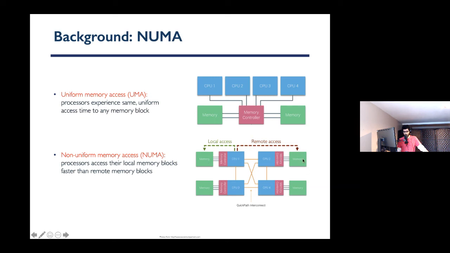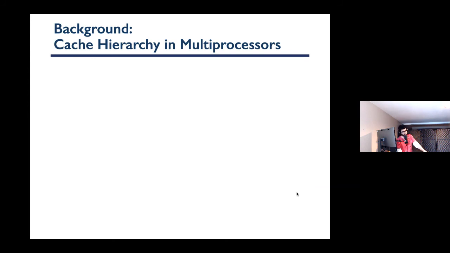If the address is somewhere here or here, that instruction is going to be really slow because it's going to go through the interconnect between the CPUs. So that's another thing that we will see introduces more challenges than what we saw in uniprocessors.